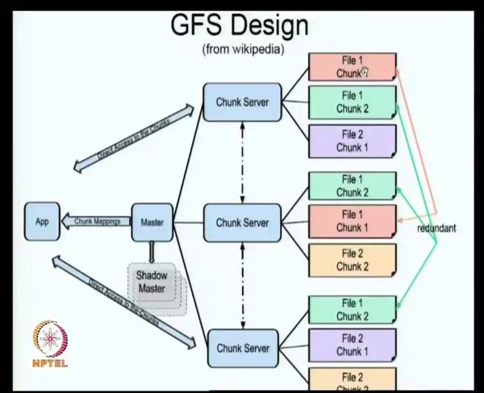And because of reliability reasons, we need to have some replicas. For example, file 1 chunk 1 is also replicated here, file 1 chunk 2 is replicated 3 times, this is 2 times, etc. Okay. So, it is roughly the high level design. We will go into more details soon.